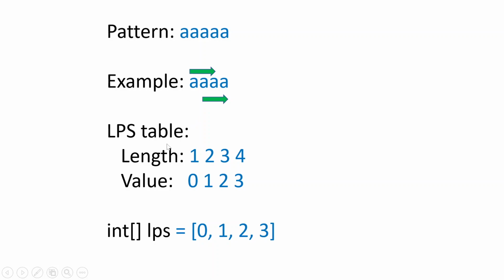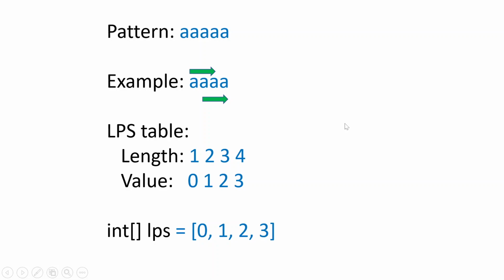That's why I have taken 5 consecutive A's as the pattern, because the LPS calculation becomes very intuitive: the LPS value for each position will be 1 less than the actual length of the string. So when length equals 1, the value is 0. Why?